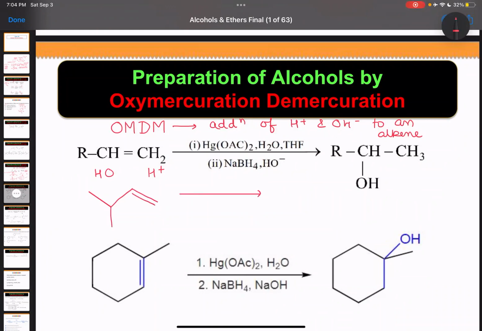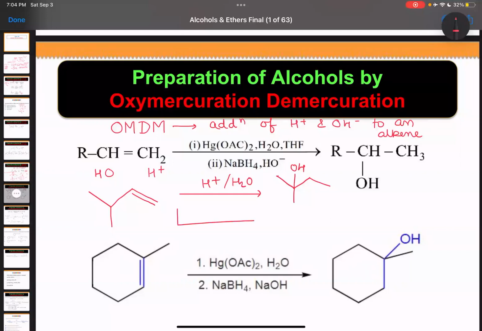When we took simply dilute H2SO4, we observed that the rearrangement happened and the cation formed got shifted to an adjacent position.